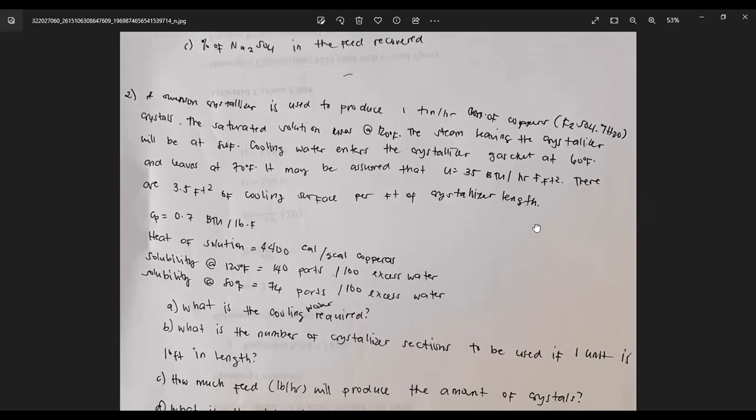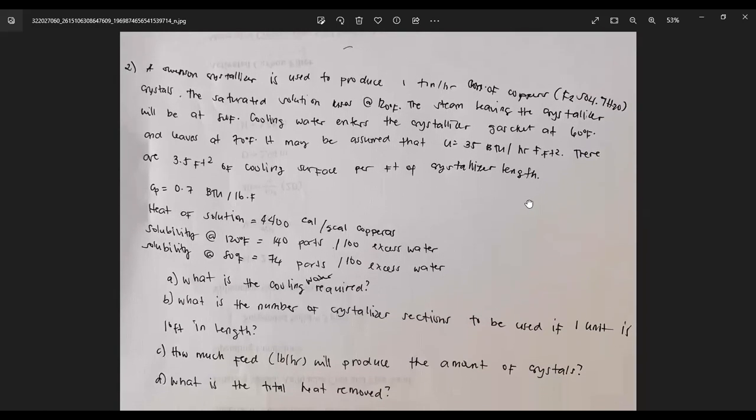Okay, so I'll just read number 2. In the case of number 2, you're given a Swenson-Walker crystallizer which is used to produce 1 ton per hour of copperas, iron 2 sulfate, or ferrosulfate heptahydrate crystals.